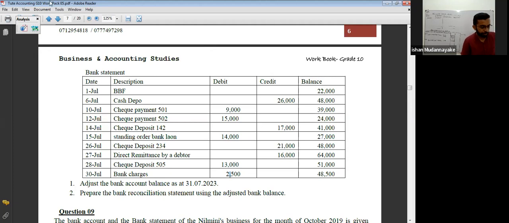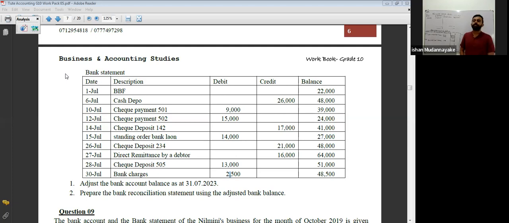What's the double entry of this 2,500? Adjusted bank account credit, bank charges debit.